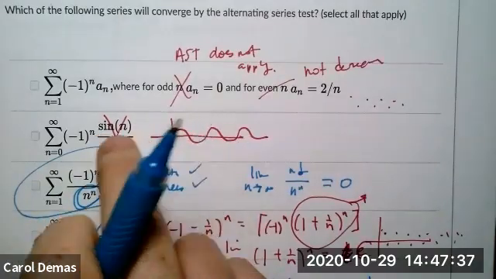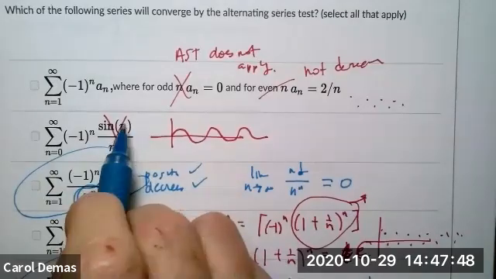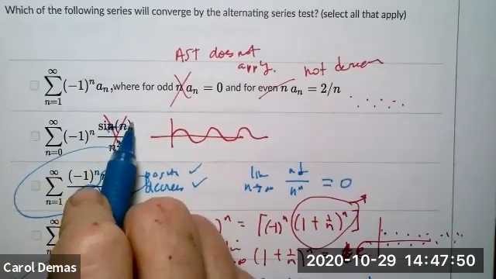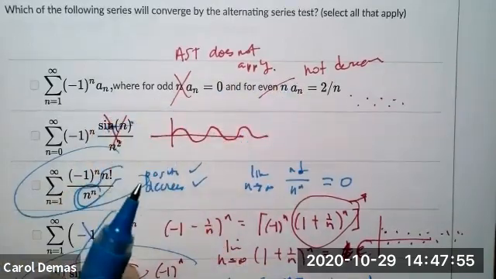For the second one, what would we change in sine to make it stop oscillating? Use another function. Well, you could replace this with 1 or n to the 1/2, but not a sine or a cosine.